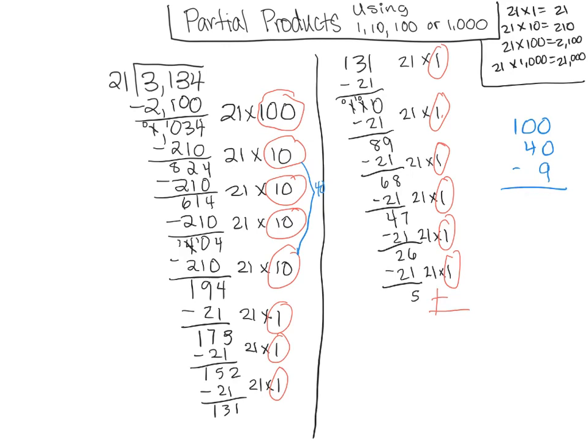And I'm going to add my partial products. So that's going to be 9, 4, 1. So 149. There we go. So there we have it, 3,134 divided by 21 equals 149.